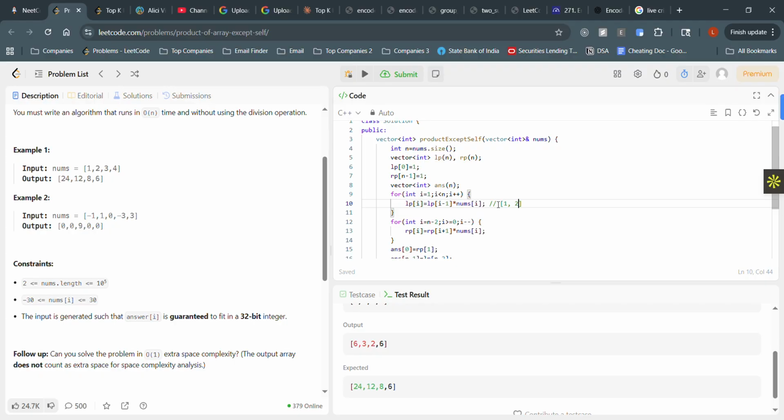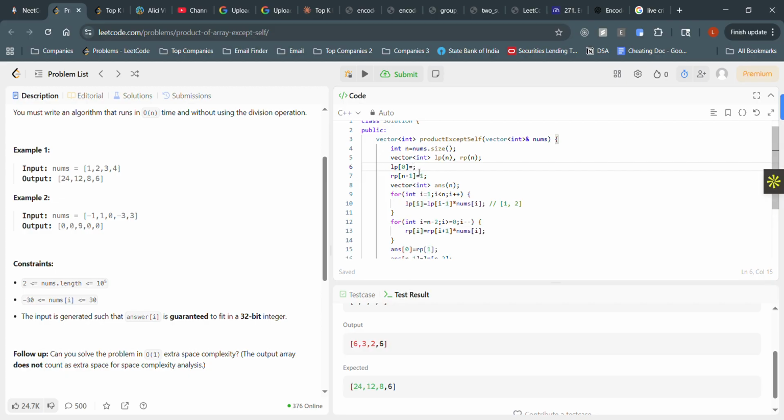Okay, that is incorrect because we want, no, that is correct because we just want the product till that number. It should be that. Okay, I think I know what my problem is.